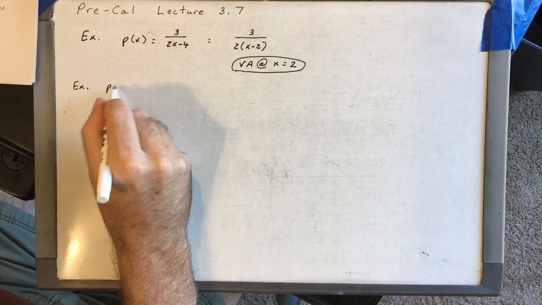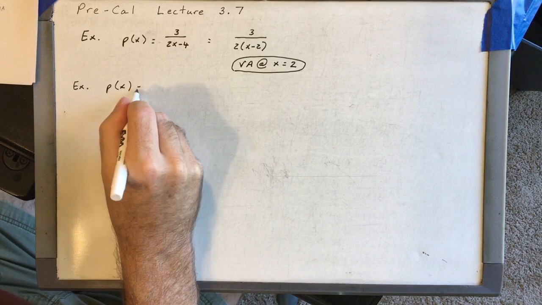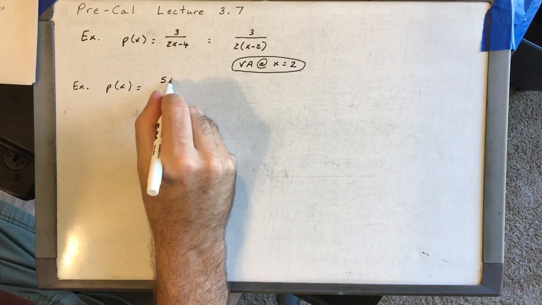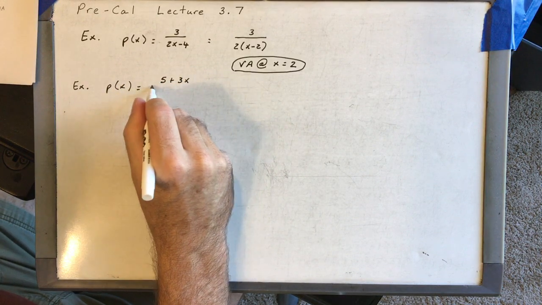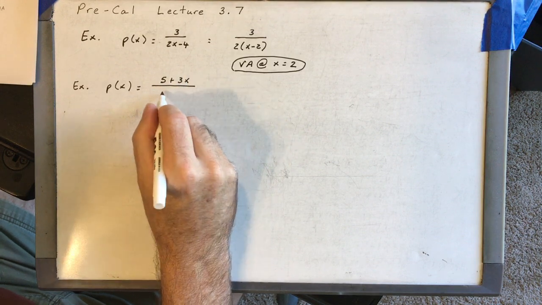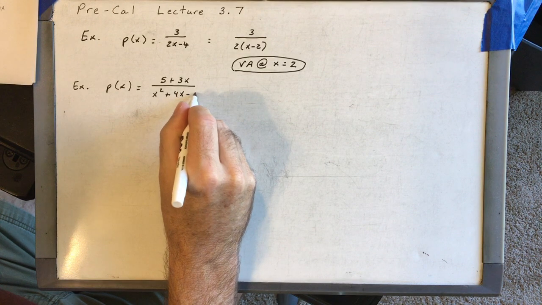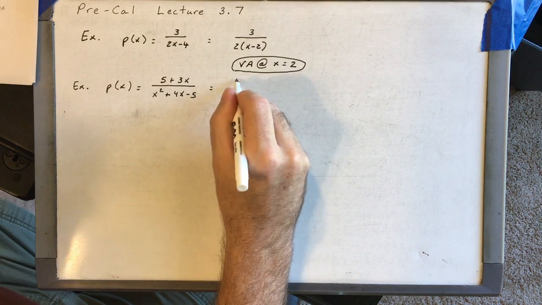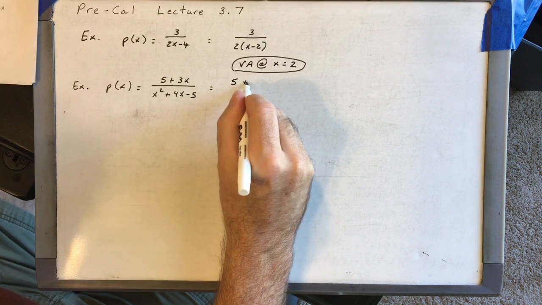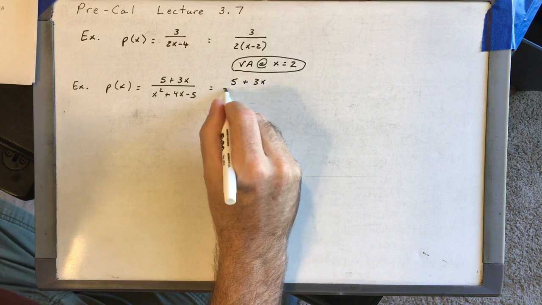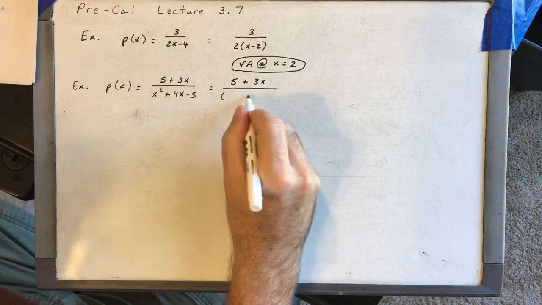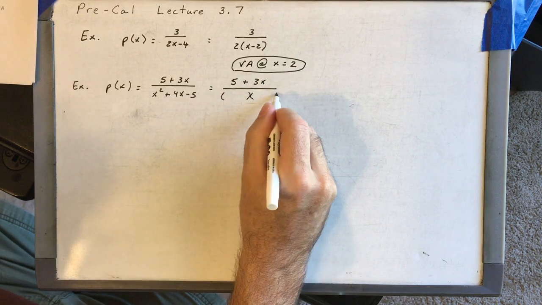The next example, p of x is equal to 5 plus 3x over x squared plus 4x minus 5. All right, can't factor the numerator, so we'll just leave that. But let's factor the denominator. That'll tell us where our zeros are.